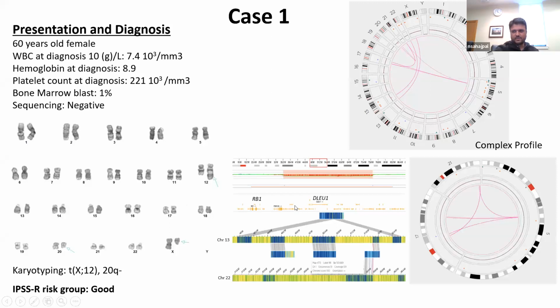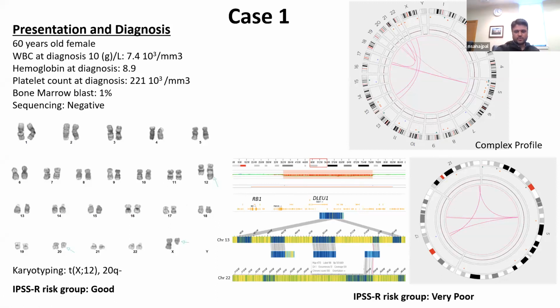If we highlight the chromosome 13 region, we can see there are multiple clones. A clone that deletes DLEU1, another clone that deletes RB1 in addition to DLEU1, and there are several translocations within this region.